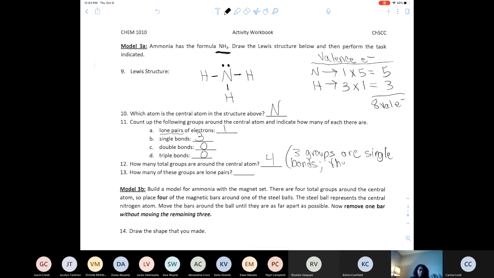The other group is a lone pair. And that's what gives us a total of 4. And of these 4 groups, one of them, therefore, is a lone pair. Everyone agree with questions 9 through 13?